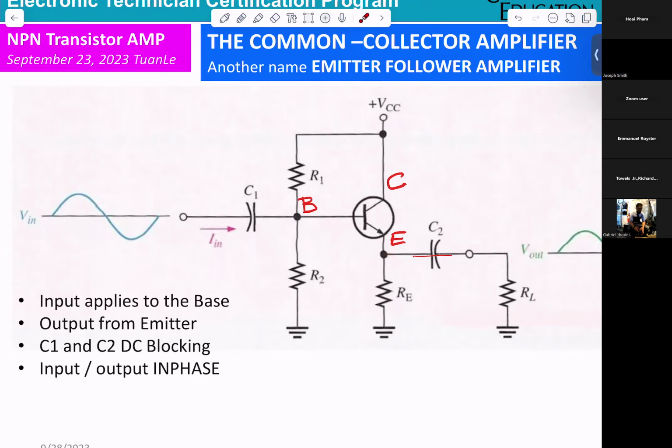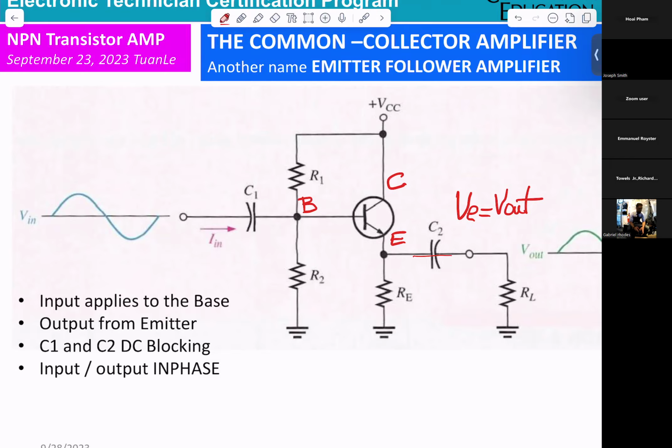That's from the emitter, so that's why they call it an emitter follower. The emitter or V out will be the same. VE, V out. I'm using a lowercase letter for AC.